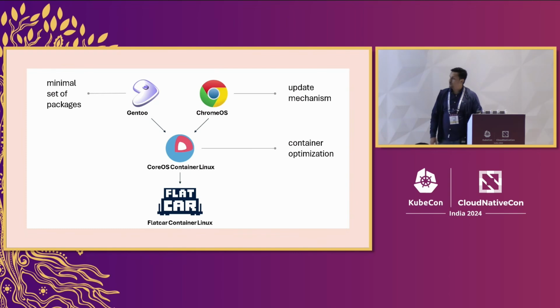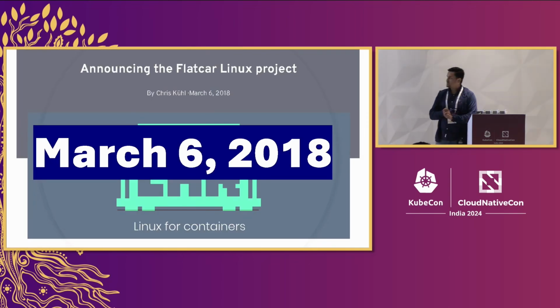And while working with them, they really echoed with the values that CoreOS had back in the day, and they tried to bring that forward with Flatcar Container Linux. So on March 6, 2018, they announced the Flatcar Container Linux project. This was soon after the Red Hat acquisition, I guess.